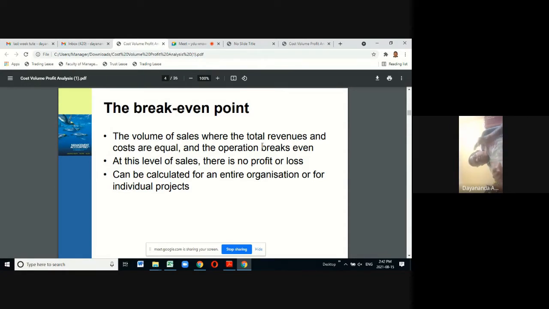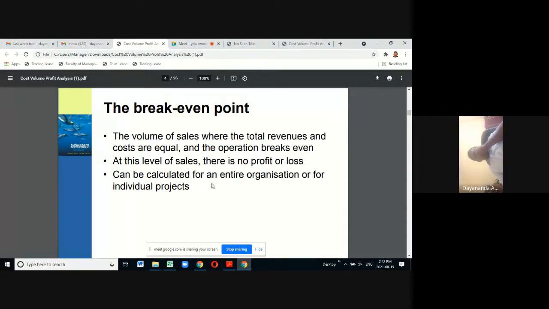Whatever quantity you generate, if at that quantity your sales revenue equals total cost, that quantity is called break-even. Break-even means no profit, no loss. You just cover all your expenses by using your sales revenue at that level of operating capacity or level of production.